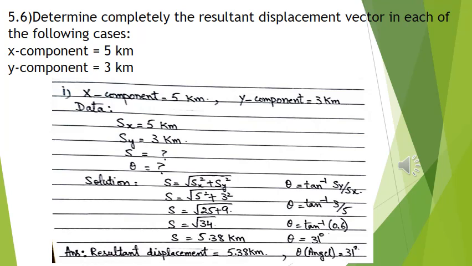So fill up the values of all these. Tan inverse 0.6 is 31 degrees. You can find the values of the sine, cos or tan theta by using a scientific calculator or a logarithm table.